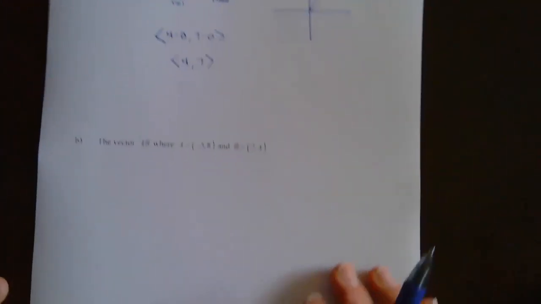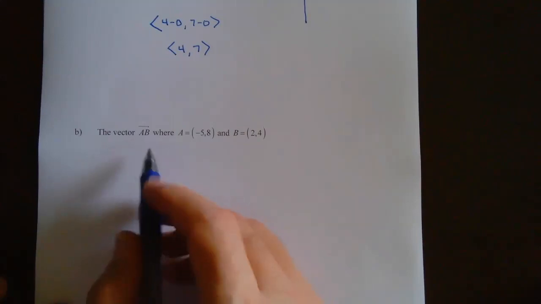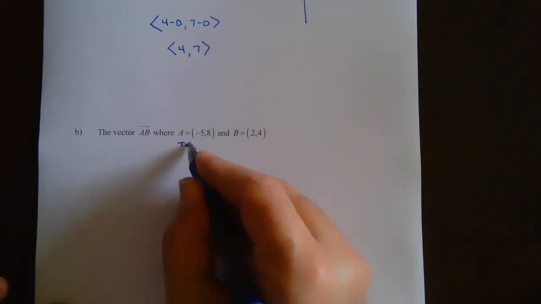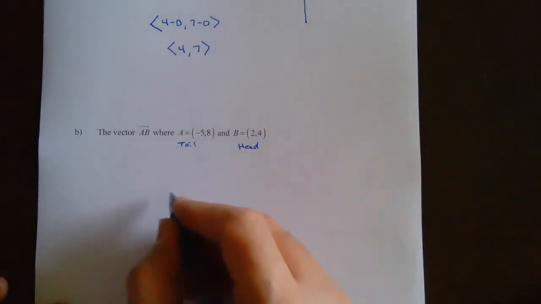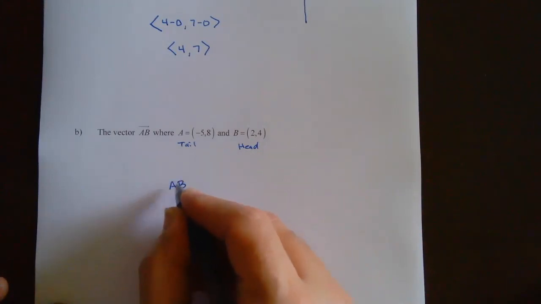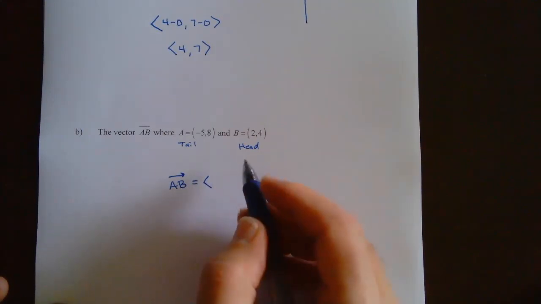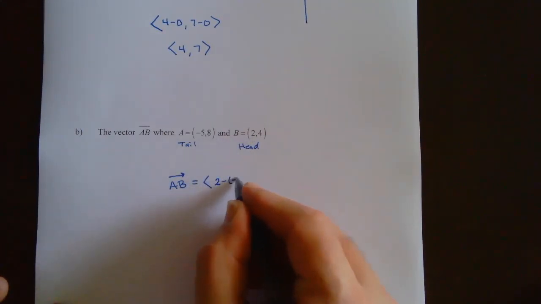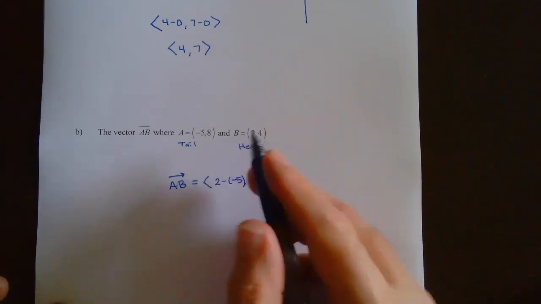So like the next example. What's the component form of the vector AB? Based on this diagram, A is the tail now, and B is the head. So we can write it this way. AB is equivalent to 2 minus -5, comma, 4 minus 8.